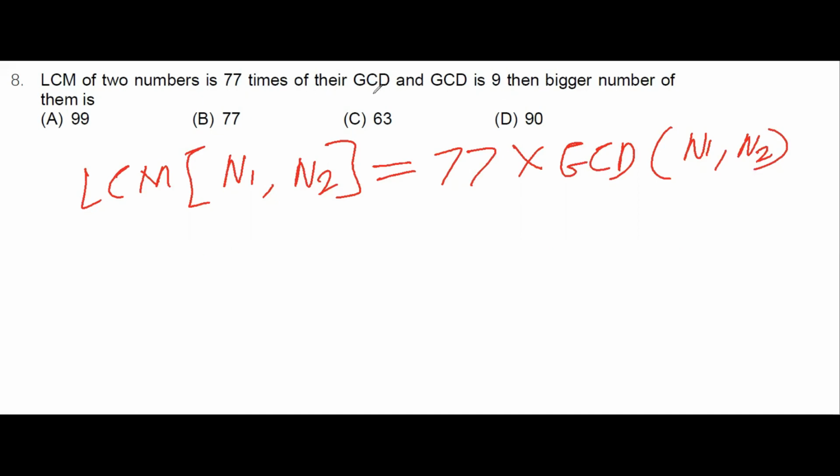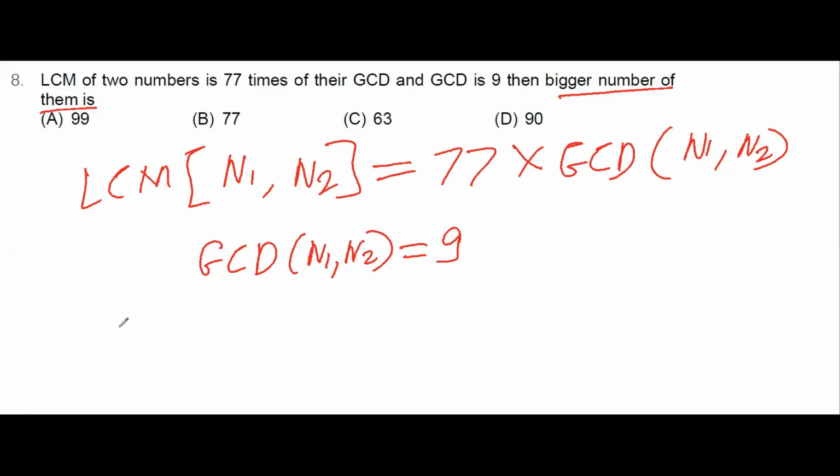Then the bigger number of them is what? Which is the larger number out of N1 and N2? That's what we have to find.